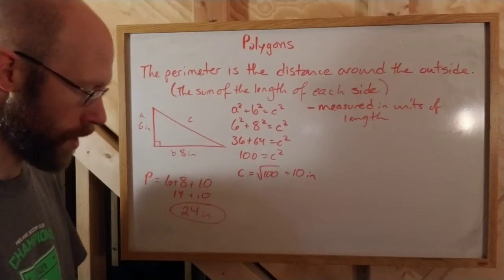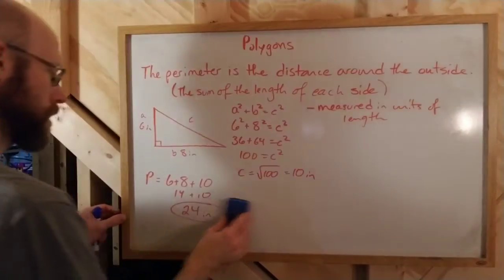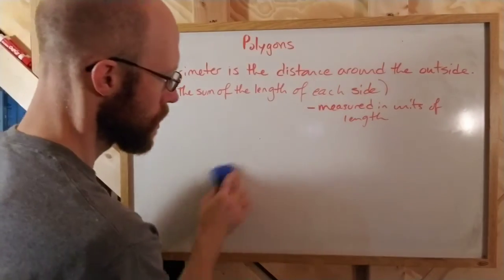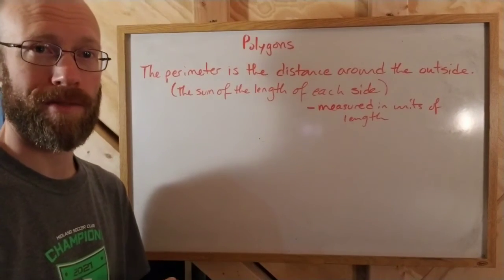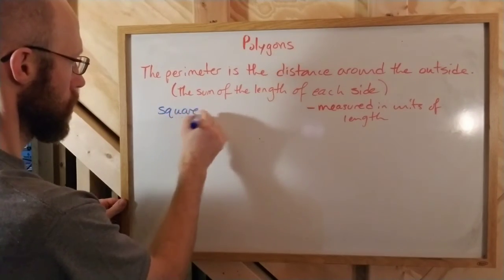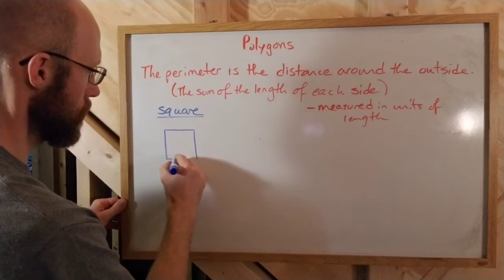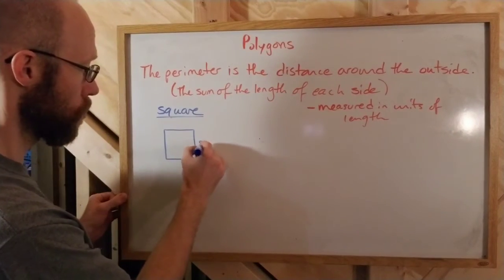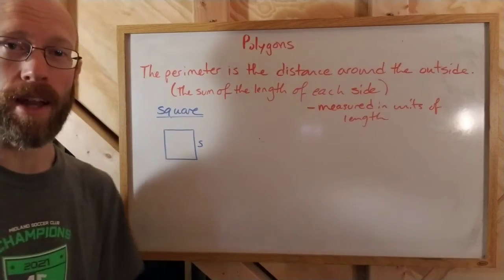Now, other regular polygons have some nice formulas to them, particularly if you only knew a handful of the sides, okay, you can kind of figure out the rest of them. For instance, a square. A square is a quadrilateral because it has 4 sides, where all the sides are equal. Okay, so if you know one side, you know all the sides on a square. I'll call the side S on a square.